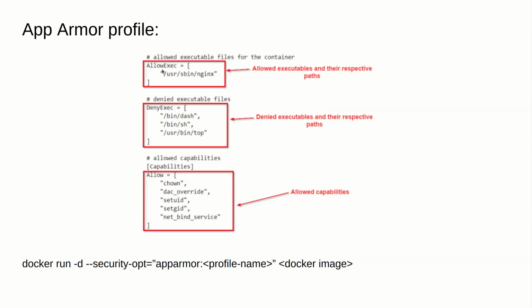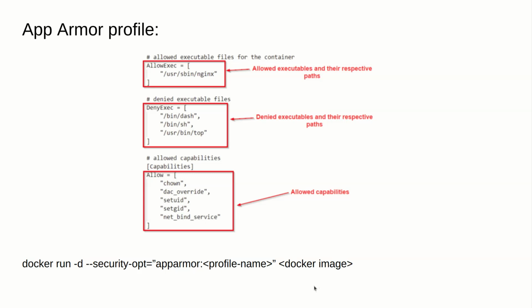Say this is one AppArmor profile, xyz.profile. This is how we create an AppArmor profile, saying that this binary execution is allowed, these are the paths which are denied, and these are some of the capabilities which this particular container has. And how do we enforce it? You run docker run with the security options, you give apparmor and the corresponding profile name, and you say that you want to apply this particular profile on this specific Docker image.